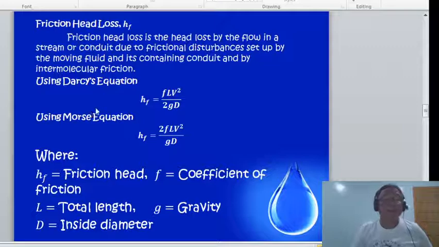Take note, class, that when you use the Morse equation, you have to use the friction constant, f, from the Morse table. Take note of that, class.